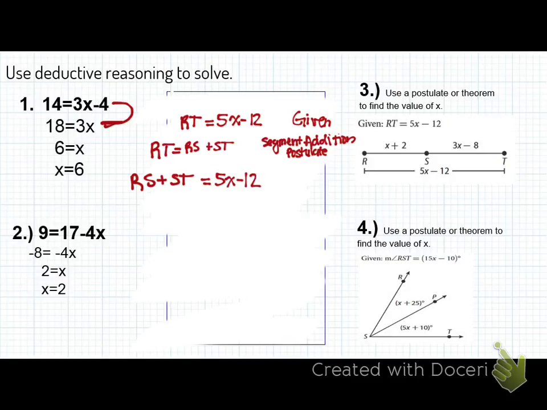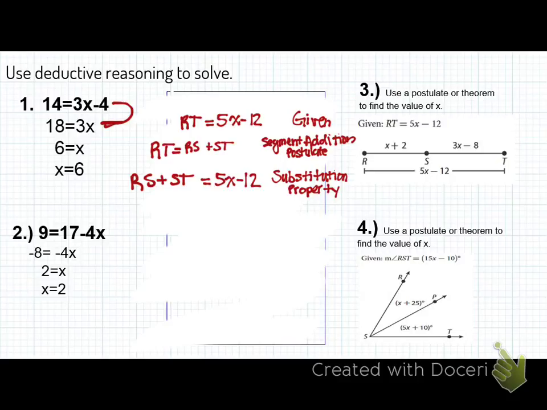What did I just do here? Substitution property. Make sure you're writing this down as we go because you need this. What do we know about RS and ST?